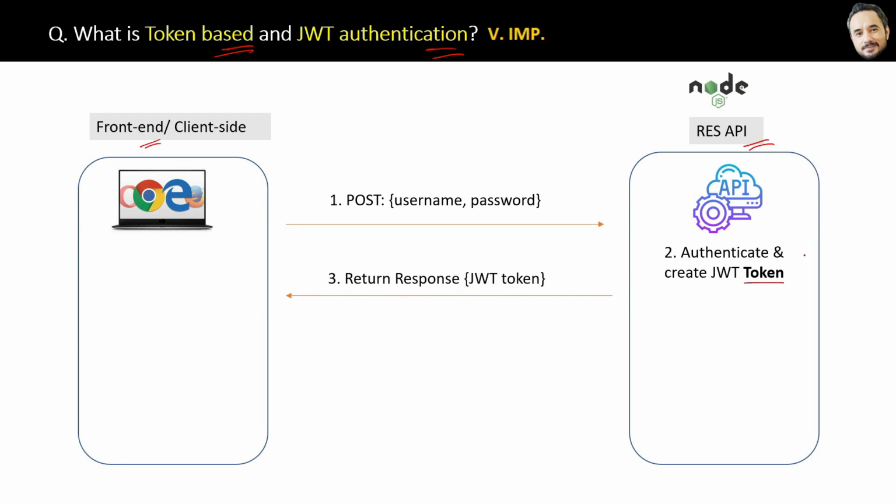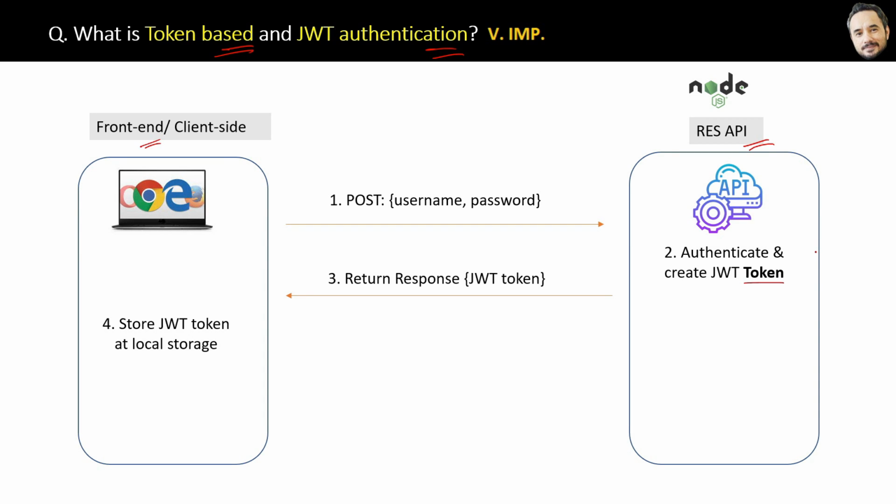Clear? Now, if the credentials are not valid, the API server will not return a JWT token, rather an authentication error will be returned. Then as a next step, the client will store this JWT token in the local storage or in the cookies of the browser. Okay, now listen carefully.